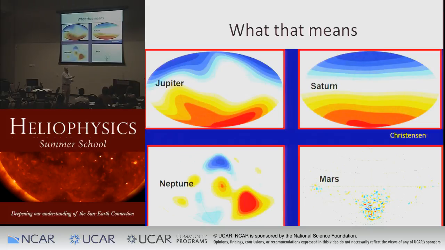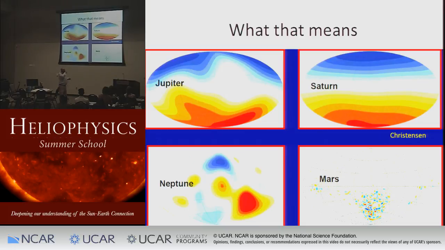No. This looks like a bunch of rocks got magnetized at some point in the distant past, and it's just stuck with this magnetic field. So these three are generating their magnetic field. Saturn has a very smooth, symmetric magnetic field. I don't think there's a lot of understanding of why that is.